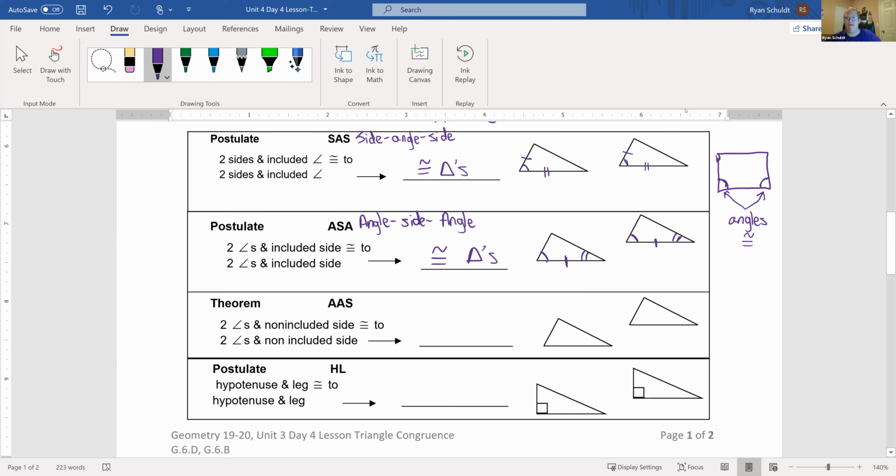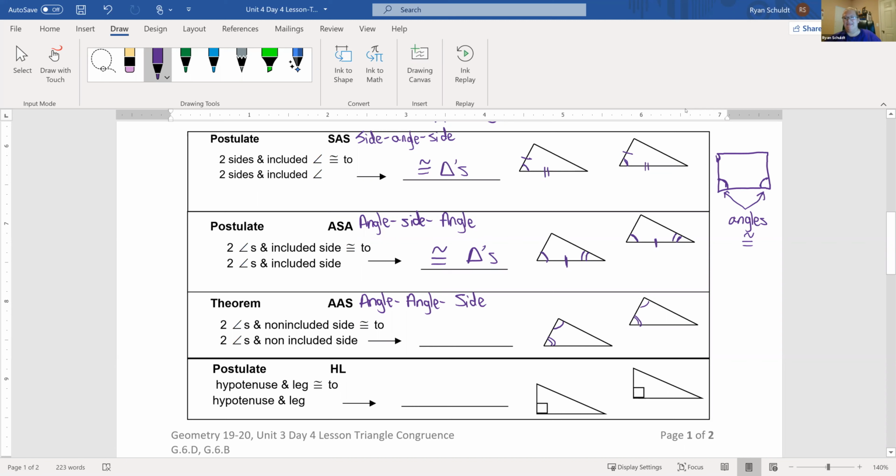Okay, next one. Angle, angle, side. What this means is that we're going to have two angles that are congruent to each other. Two pairs of congruent angles.